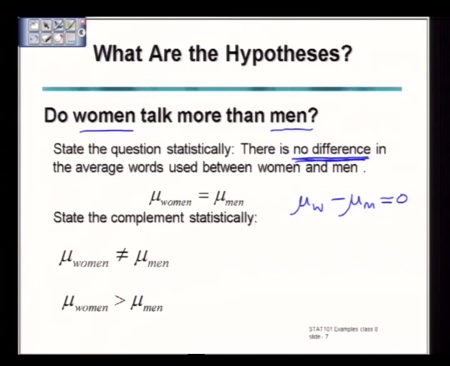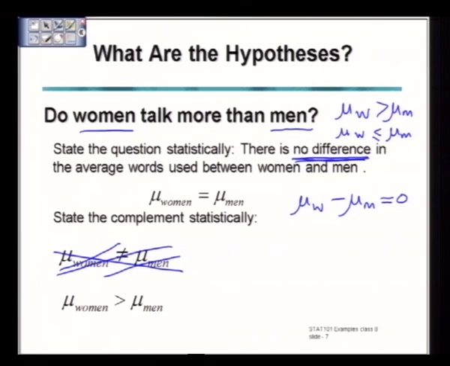Now, when we are stating the complement of this, we have to go back to the idea of, do women talk more than men? So here we'd be looking at, do women talk more than men? The mean for women bigger than the mean for men. And of course, if that is not true, the complement of that would be the mean for women is less than or equal to the mean for men.